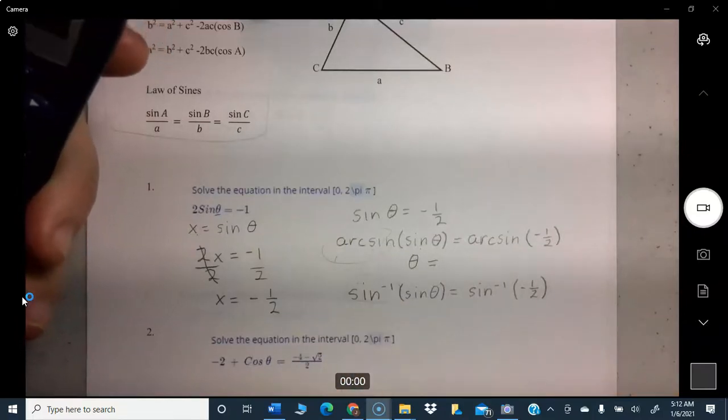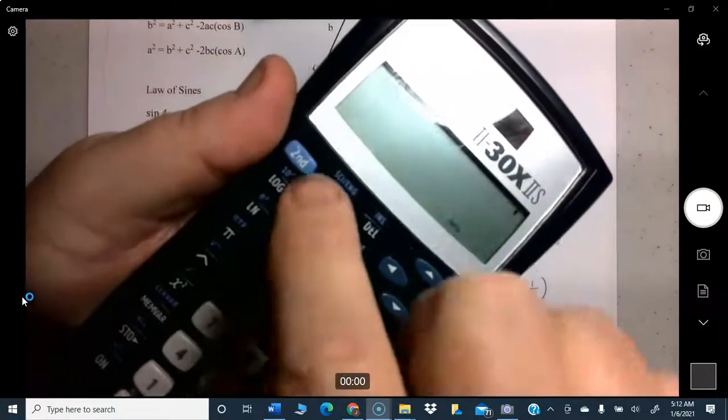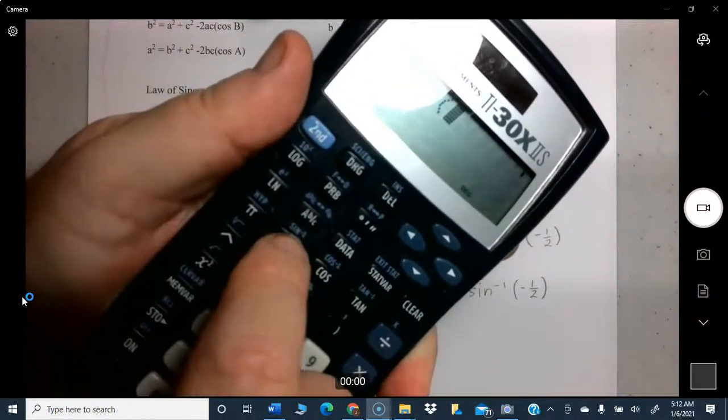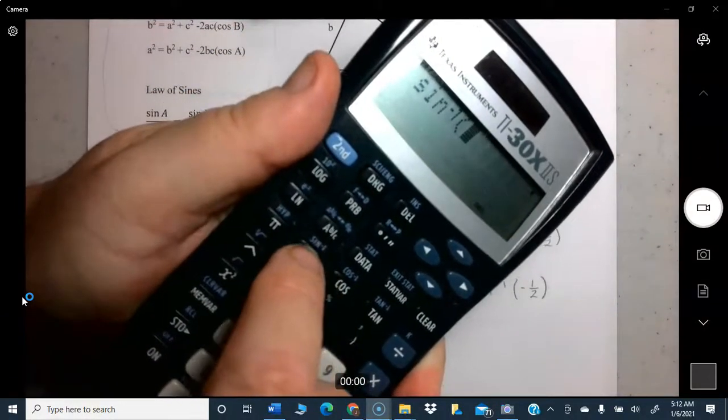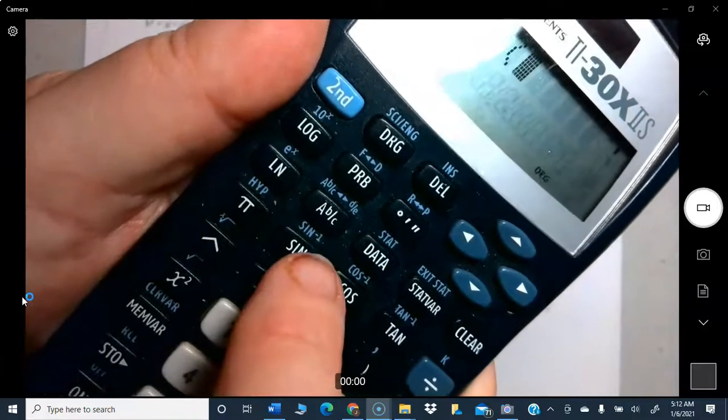This one's obviously a little shorter to write, though. So that's what the calculator shows. I press second, then sine, and it gives me sine to the -1. That's what's in light blue right above it.